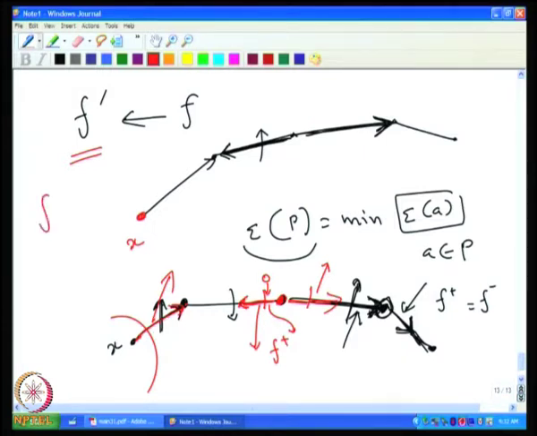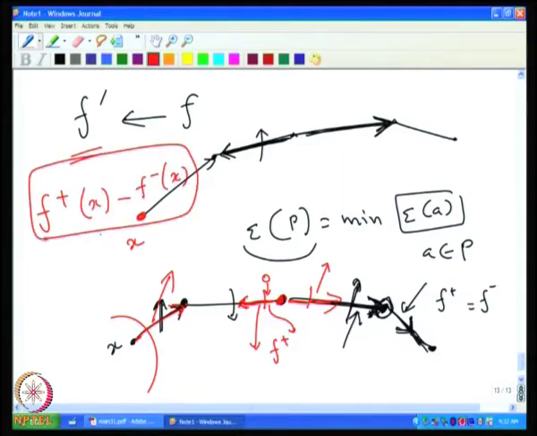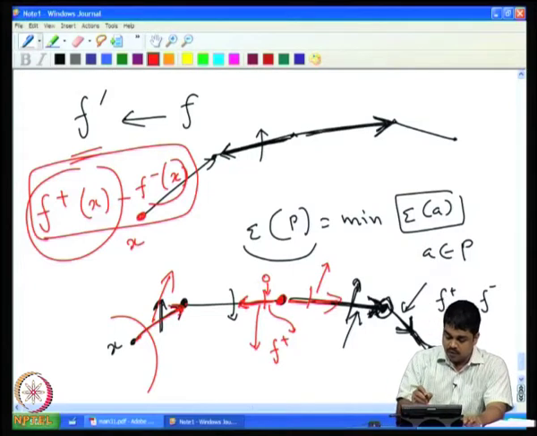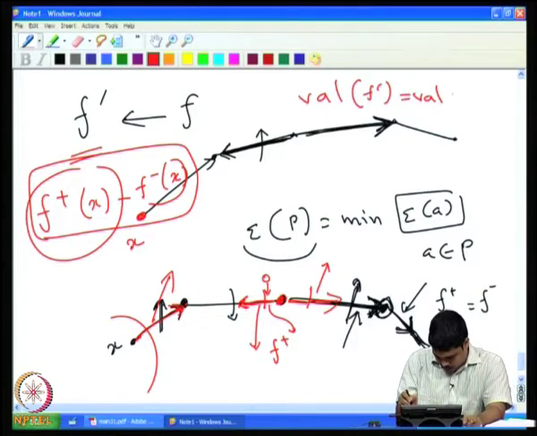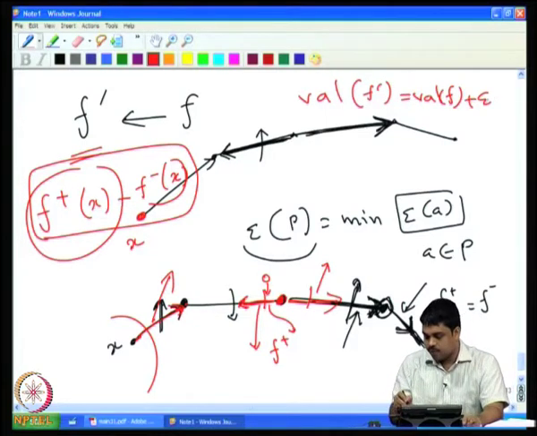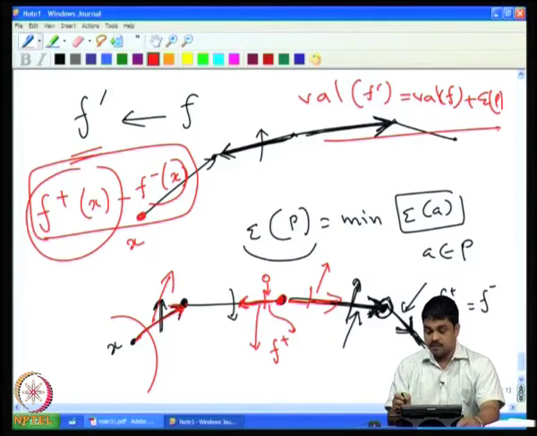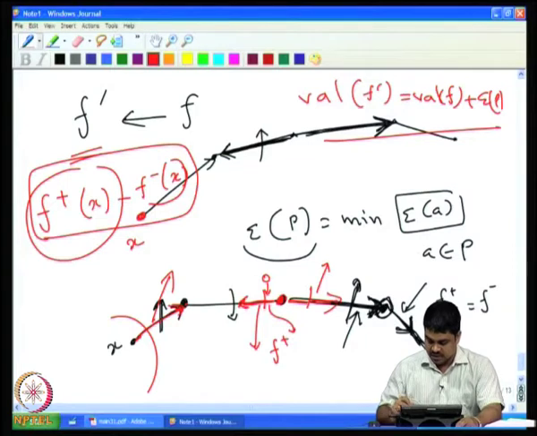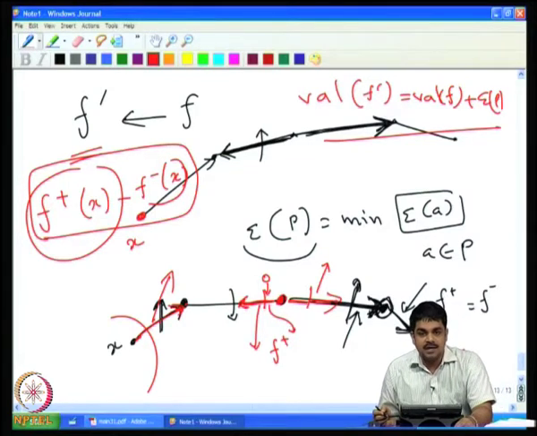So overall f plus of x minus f minus of x will increase, because if it was in the opposite direction, this quantity got a reduction, and therefore the overall value will increase, or if it is in the forward direction, this quantity will increase. Therefore, f plus of x minus f minus of x will anyway increase, so the overall flow value will be more. The value of f dash will be equal to the value of f plus epsilon of p, where p is the incrementing path that we have selected. So this is how we can increase the flow value.